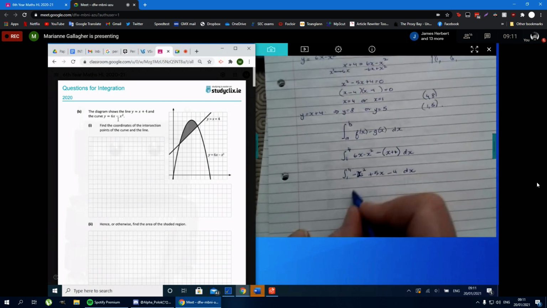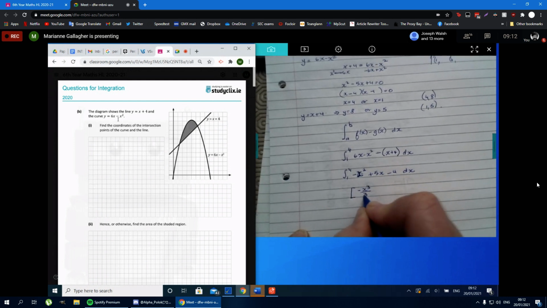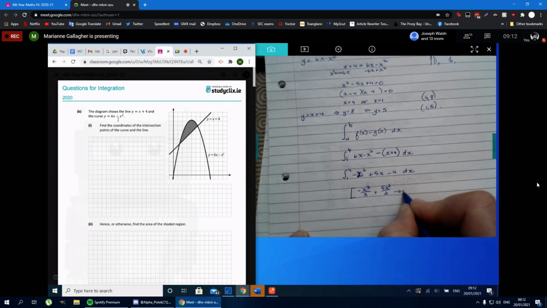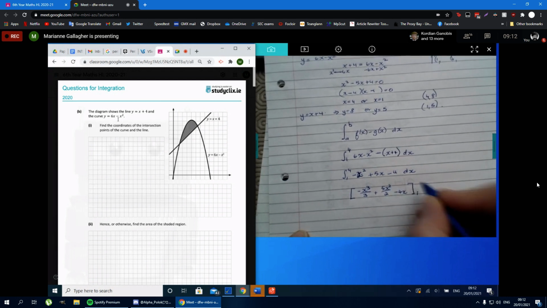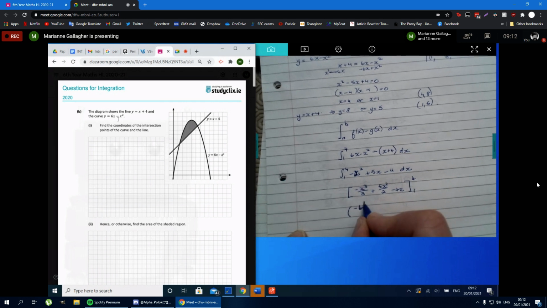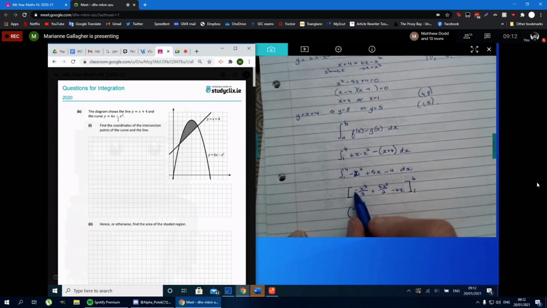Now do your integration. So minus x cubed over 3 plus 5x squared over 2 minus 4x, and you're starting at 1, finishing at 4. In your 4, you've got minus 4 cubed, which is minus 64. Notice here, the minus is not negative 4, so it's minus x: open your brackets, put the 4 inside there, so the minus is outside the brackets.